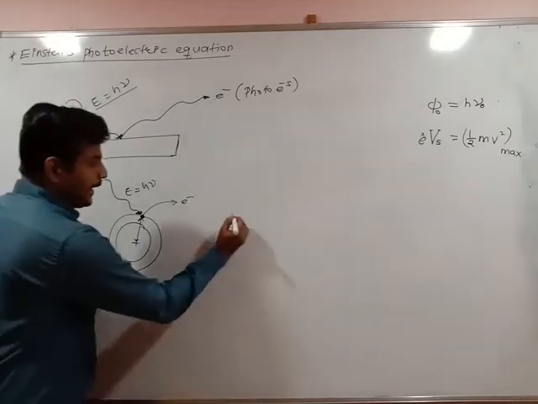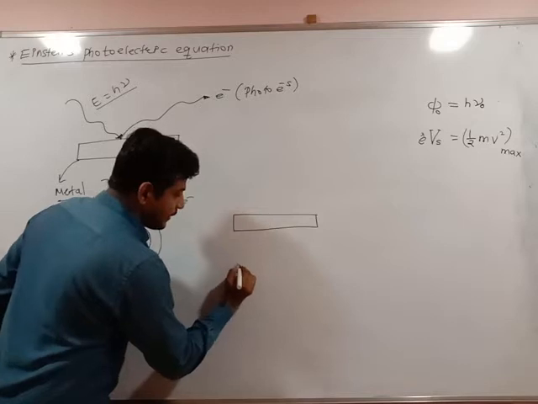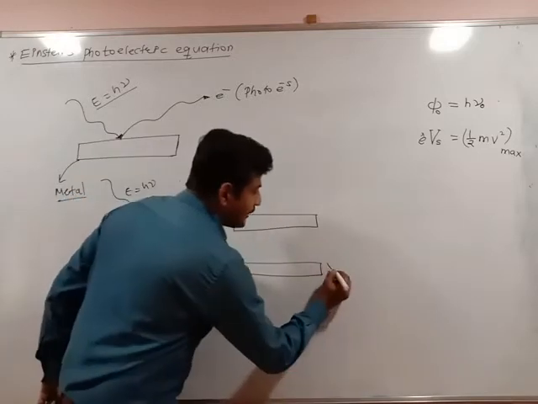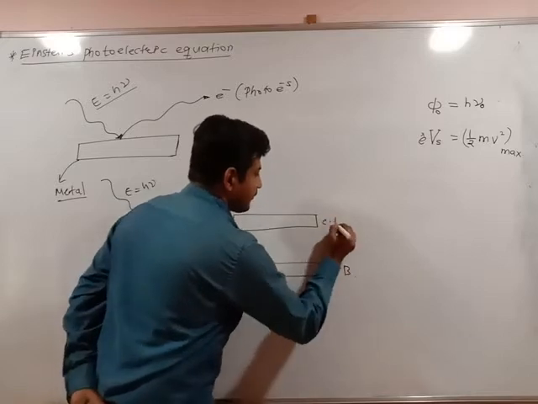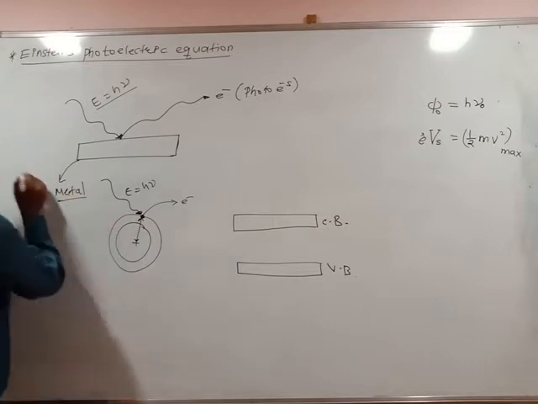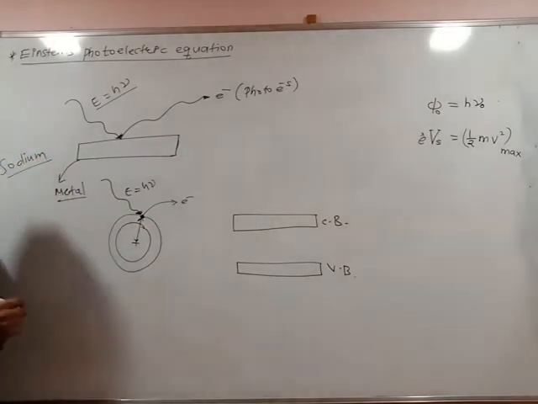But if you look inside the atom, then what happens? This we discussed last year in 11th standard: valence band and conduction band. Suppose this is one metal, an alkali metal, sodium, which has its own valence band and conduction band.